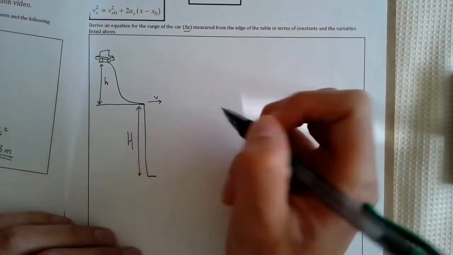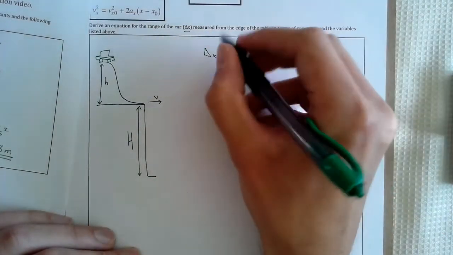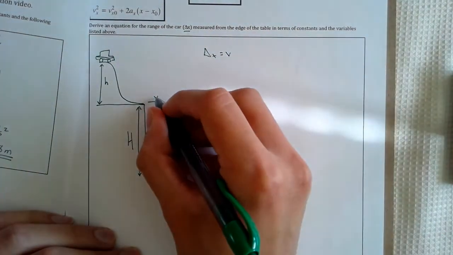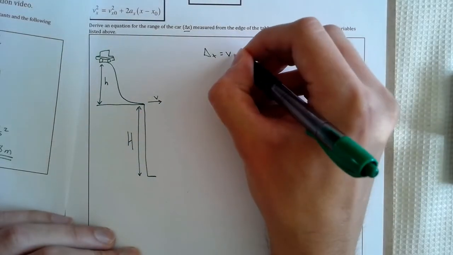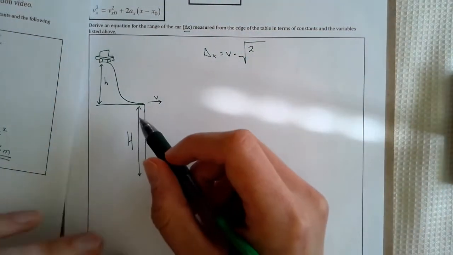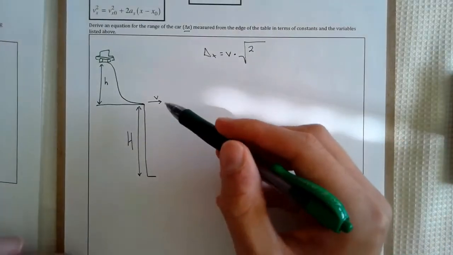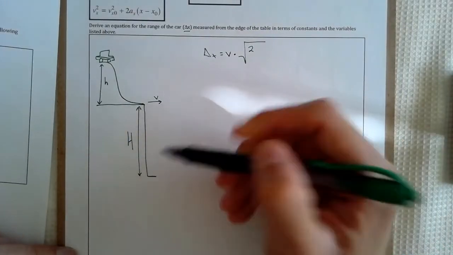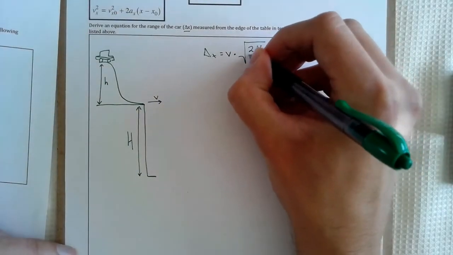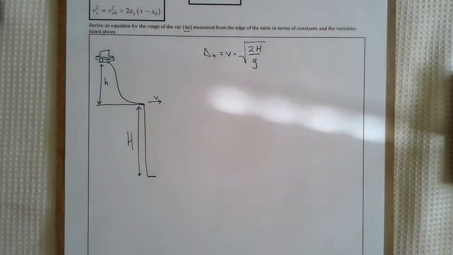So the range is the velocity, which we still don't know, but that's going to be our launch velocity here, times the square root of 2 big H, because we're talking about the projectile from this height here, divided by g.